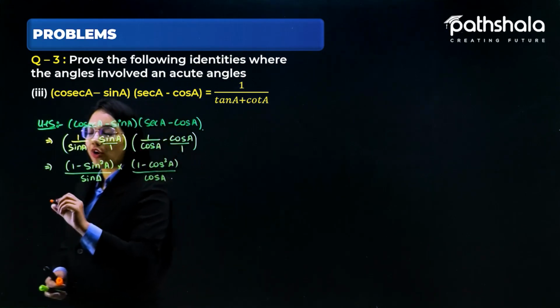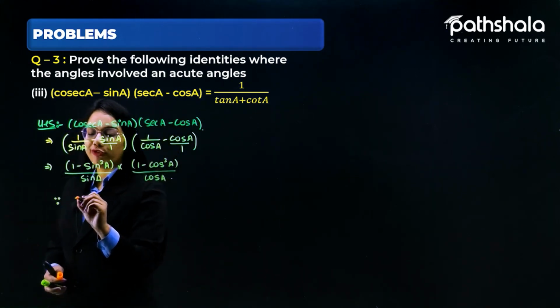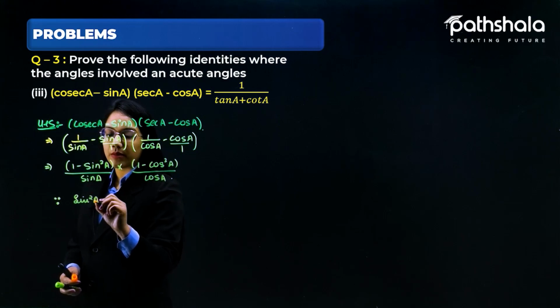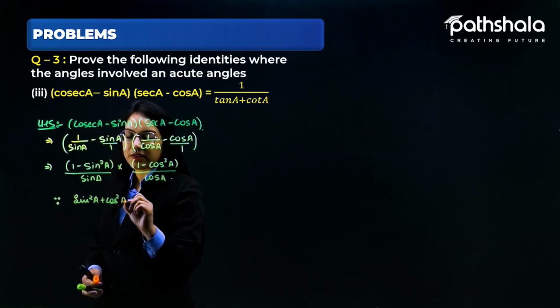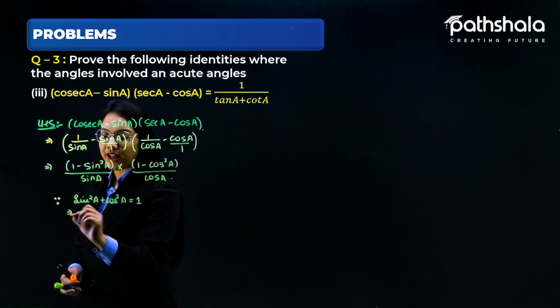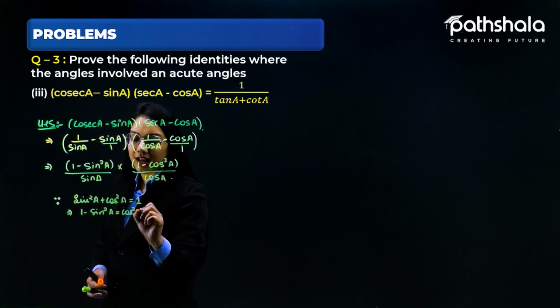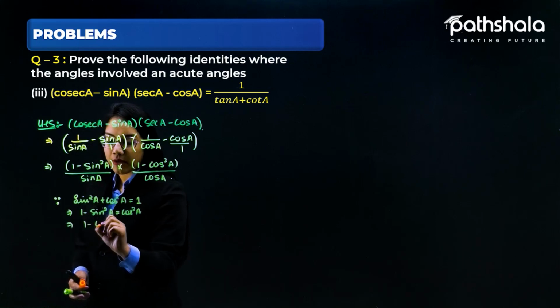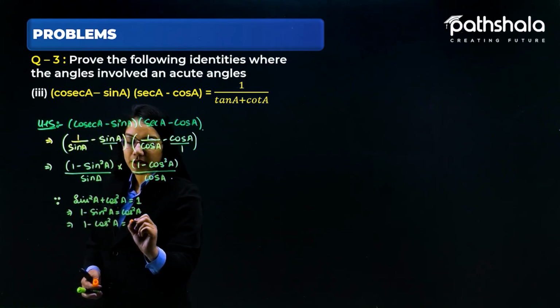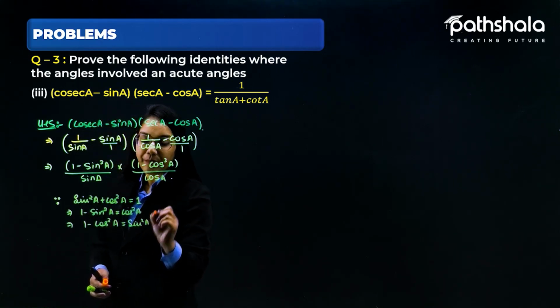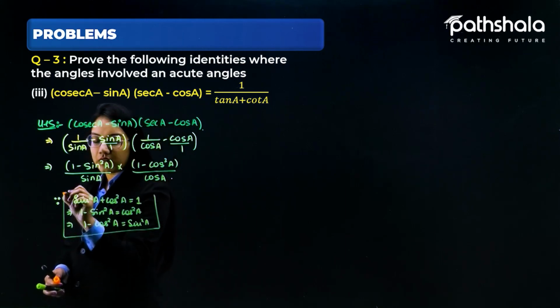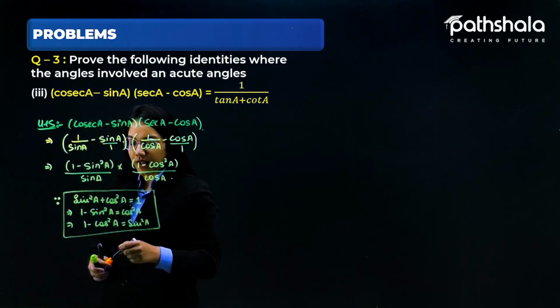Again, we can use the concept that sin square A plus cos square A is equal to 1. So we can write 1 minus sin square A as cos square A, and 1 minus cos square A as sin square A, using this single trigonometric identity.